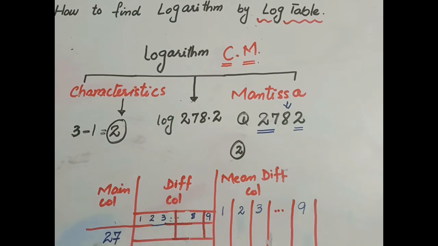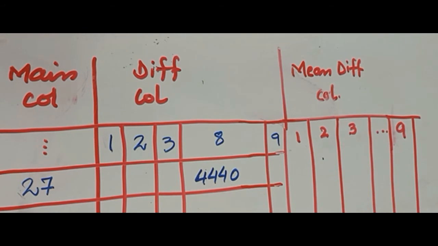So here we have to see the 27th row in the 8th column, that is 0.4440. We see the first two digits in the main column, the third digit in the difference column, and the last digit, that is 2, in the mean difference column, that is 3.